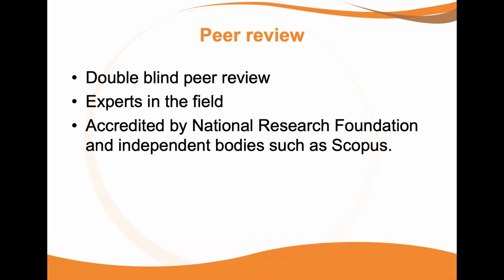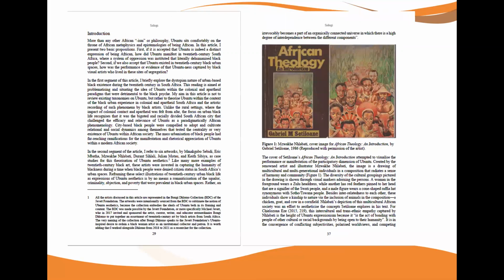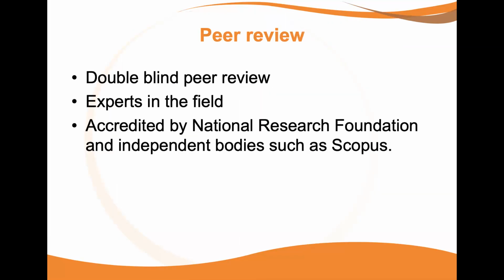So what is peer review? A good journal, like the one we saw here, has a double-blind peer review process, which means that when the editors receive a submission from an author, they look at the submission and then they find 2 experts in the field.